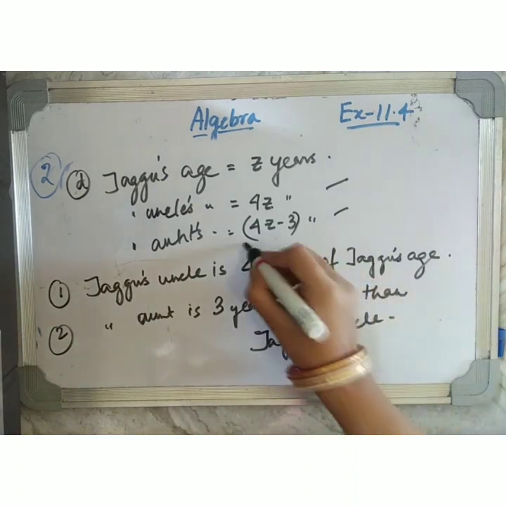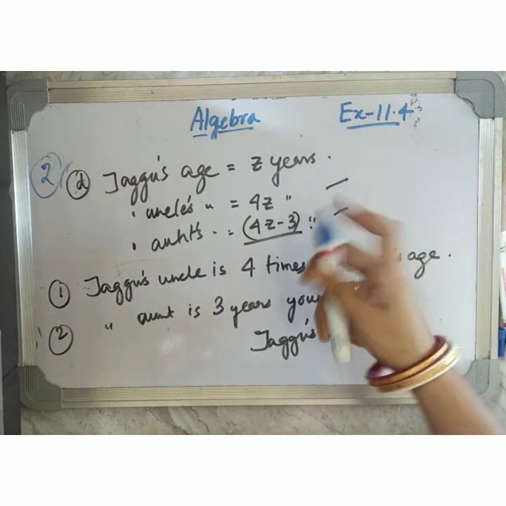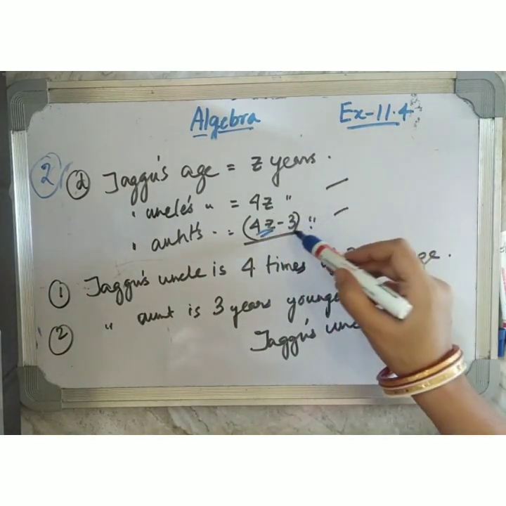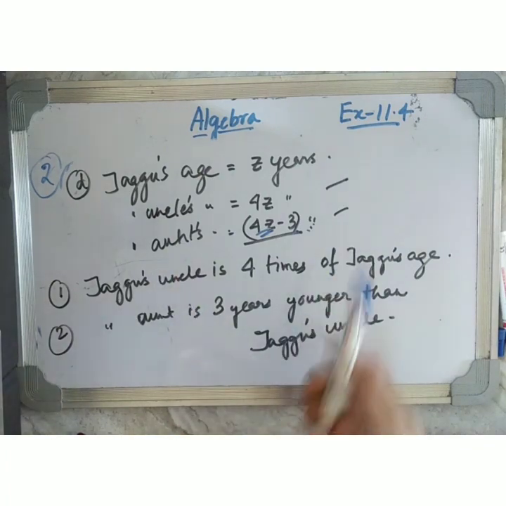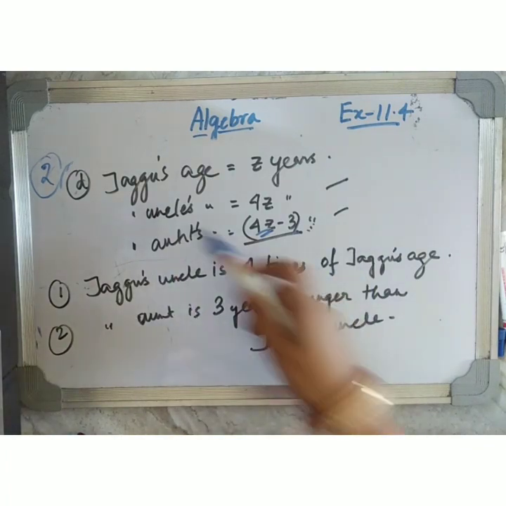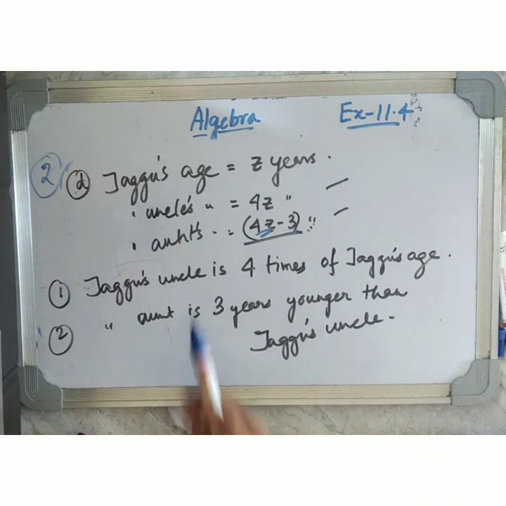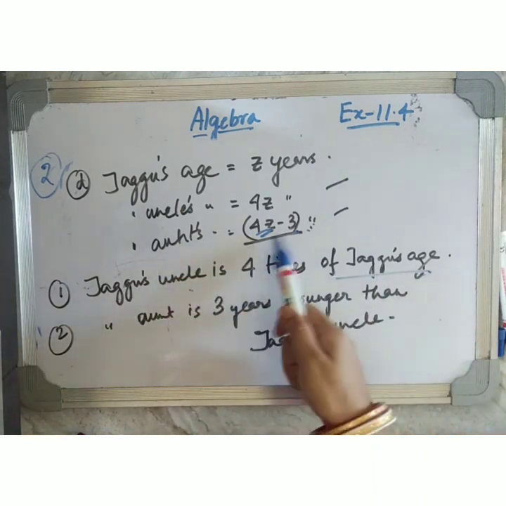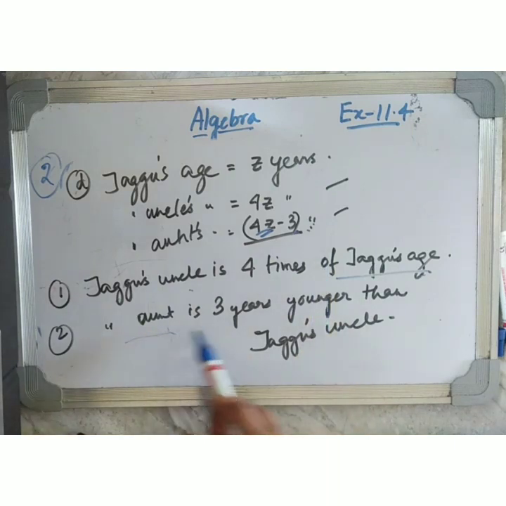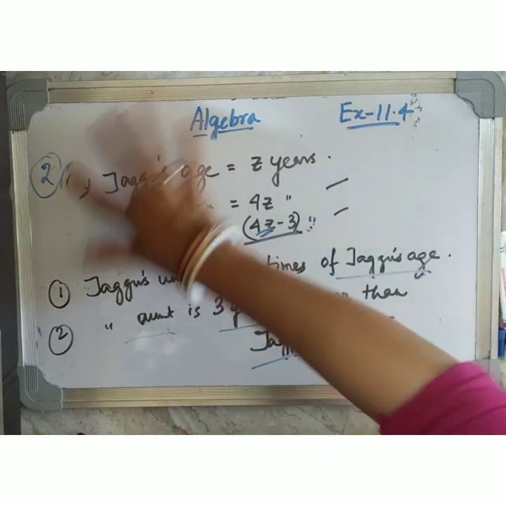Am I clear? 3 years younger than Jaggu's uncle means Jaggu's uncle was 4Z years old, and minus 3 means 3 years younger. Jaggu's age is Z years. Jaggu's uncle's age is 4Z years and Jaggu's aunt's age is 4Z minus 3 years. So Jaggu's uncle is 4 times Jaggu's age, and Jaggu's aunt is 3 years younger than Jaggu's uncle. This much only. Now let's come to the next sum.